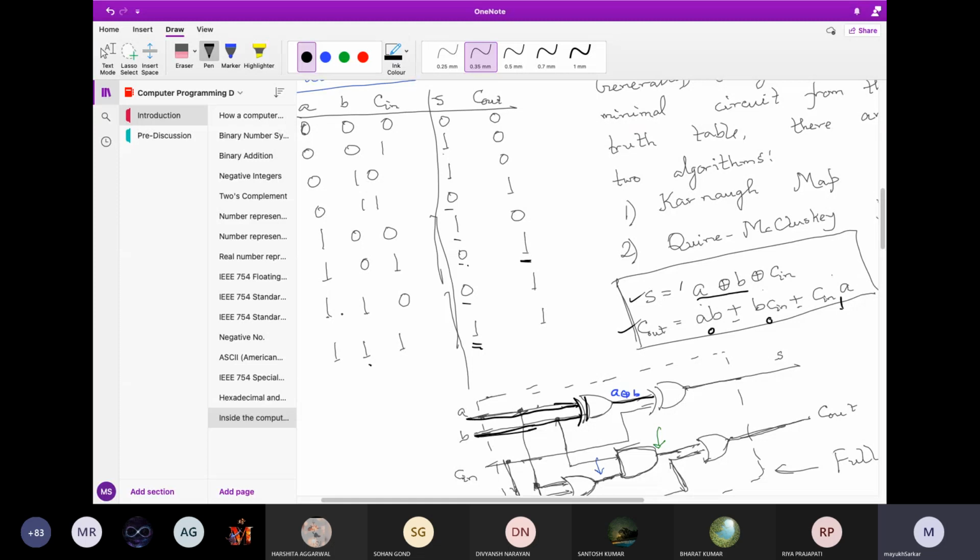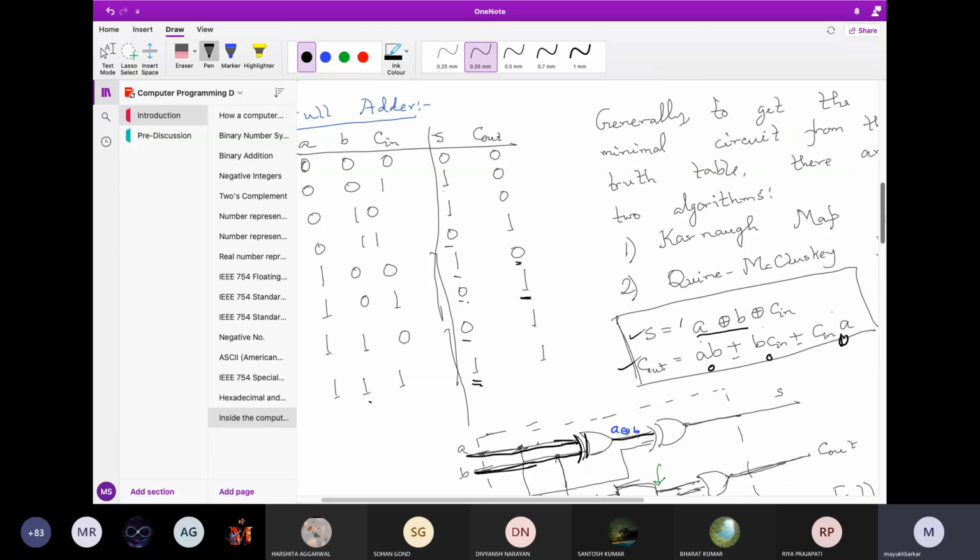Right? Let me take another one of them where you get 0. Say 1 0 0. So A B, 1 0, you'll get 0. B C in, you'll get 0. C in A, 1 and 0, this time it is 0 now. So ORing 3 zeros will give you 0. So you'll see, you take all the inputs, you do this operation, you'll get C out always.